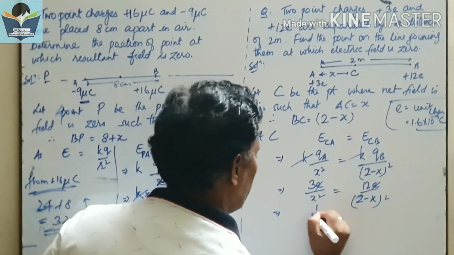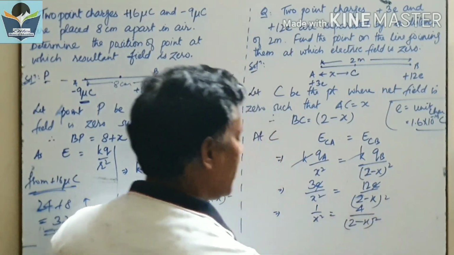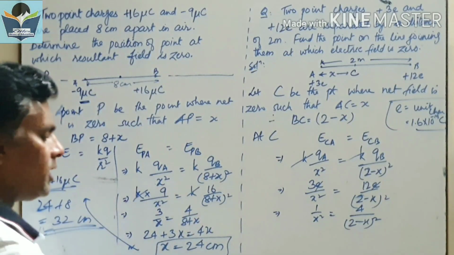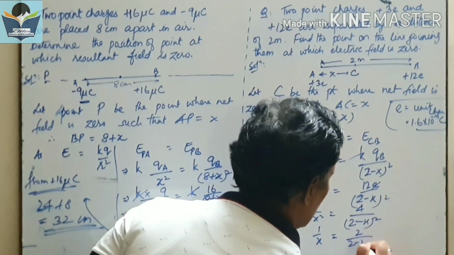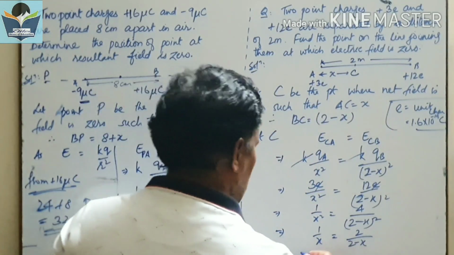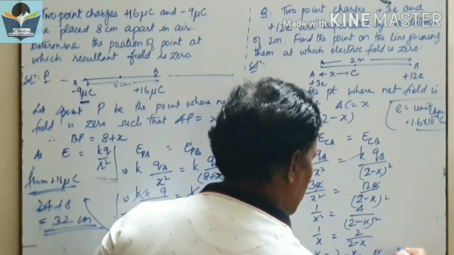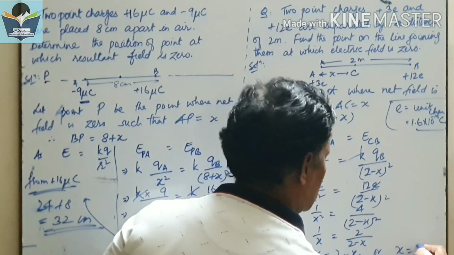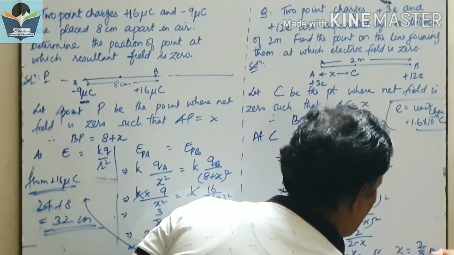So this comes out to be 1 upon x square equals 4 upon 2 minus x whole square. Again rooting both sides, we get 1 upon x equals 2 upon 2 minus x. Solving it, we get 2x equals 2 minus x, or x comes out to be 2 by 3 meter.